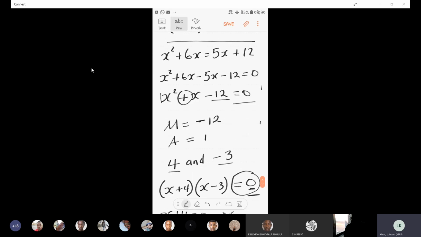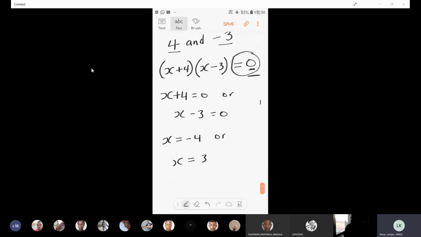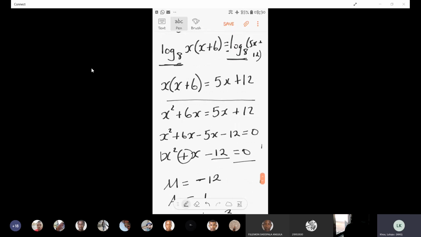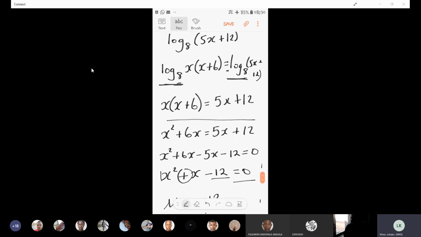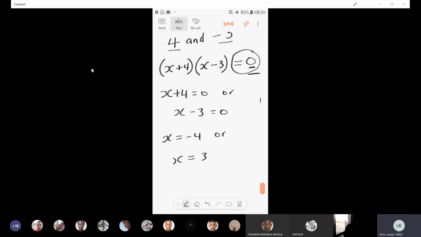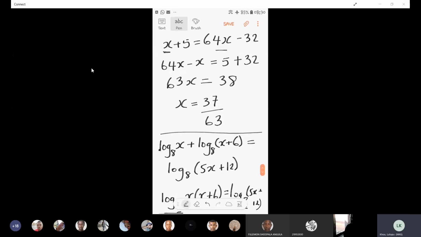And you have to remember, I didn't make any substitutions, so those are just my answers. Now what you need to do is check if what you have will be valid or not. Now to do that, you will have to substitute the -4 and the 3 back into the equation.